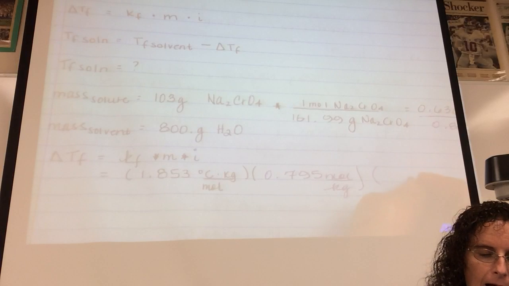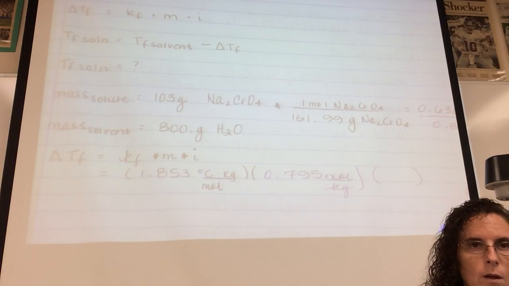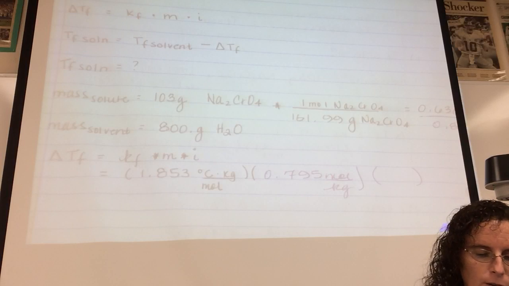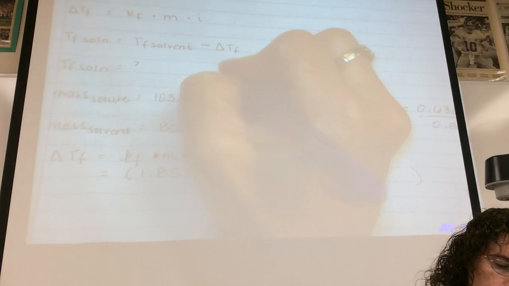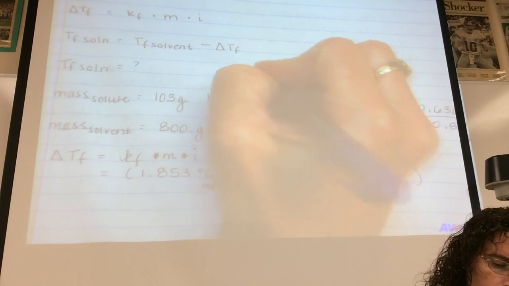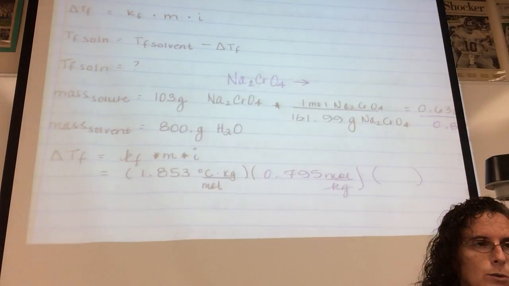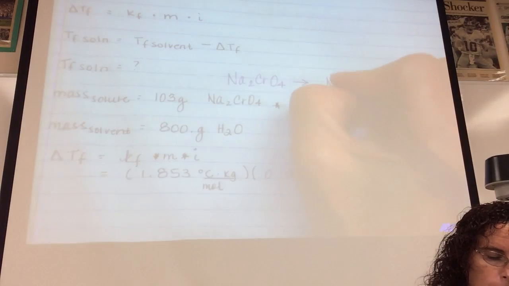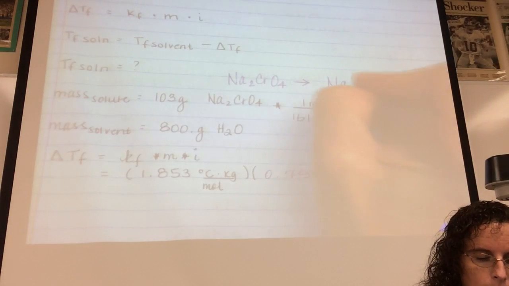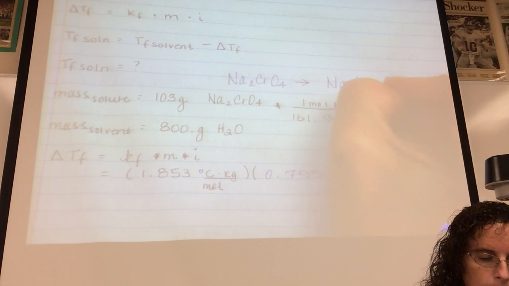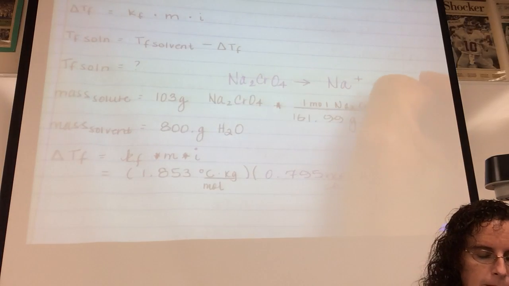How do we get i? Do we take the solute or the solvent? Solute. We take the solute and we write a dissociation reaction. We generate ions. Sodium's in group 1. What's its charge? Chromate is 2 minus.